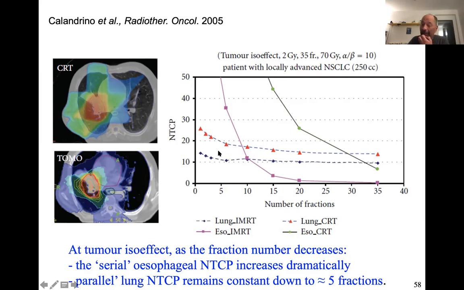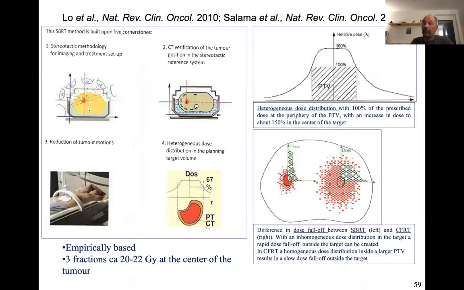And even here, if you use tomotherapy, the increase is not so big. I mean, it's much bigger if you use 3D CRT. So essentially for parallel organs that respond to the average dose, the toxicity remains low even at small fractions. So actually you can do it. You can go into SBRT. And that's what in fact people do.